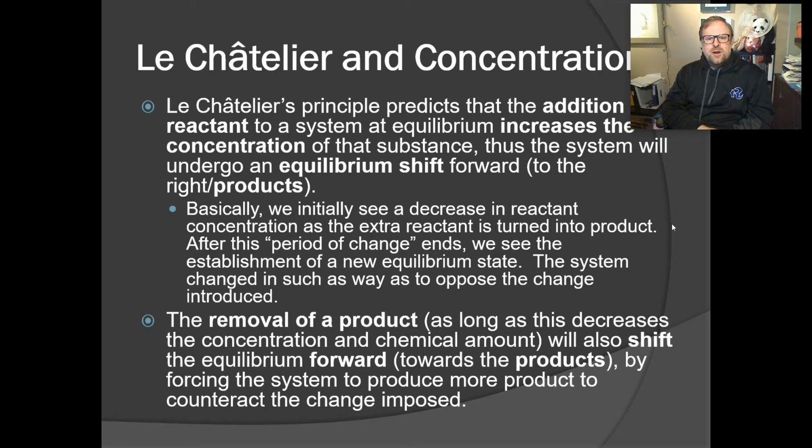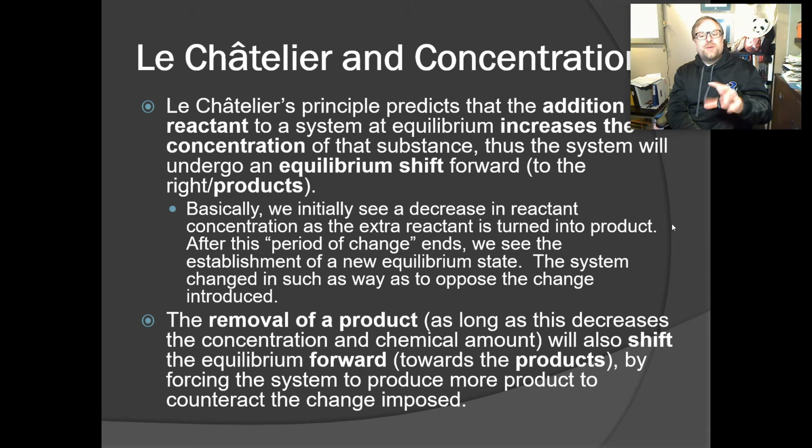So we're going to start out first with Le Chatelier and what happens when we change concentrations. There's two things I want you guys to understand, okay? As we go through each of these, understand how the equilibrium is going to shift, right? Is it going to run in the forward direction, or shift towards the products, or is it going to run in the reverse direction and shift towards the reactants?